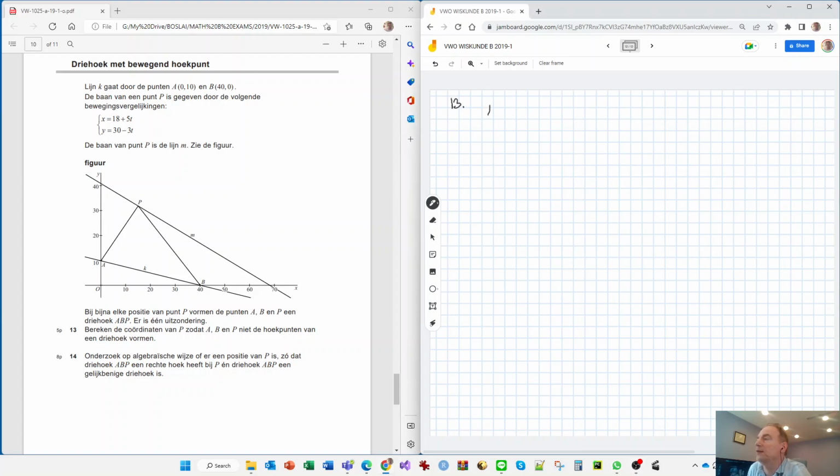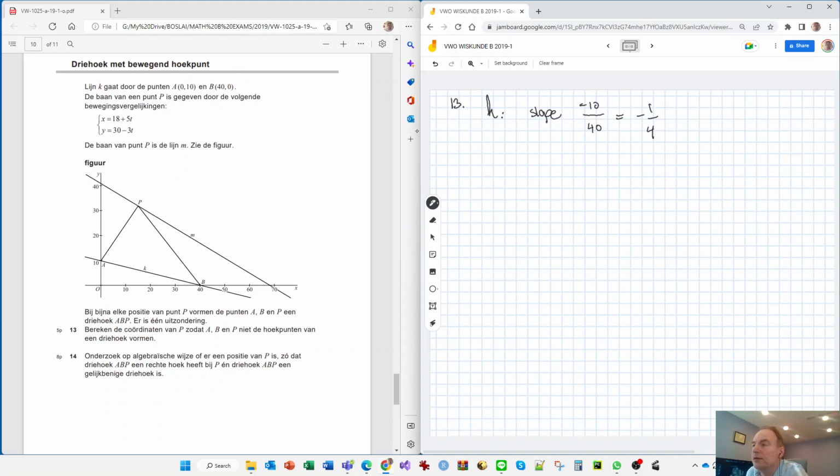So we need to get an expression for the line k. Again, the slope is the y coordinate of B minus the y coordinate of A, that's minus 10, divided by the x coordinate of B, 40, minus 0, so it's minus 1 over 4.